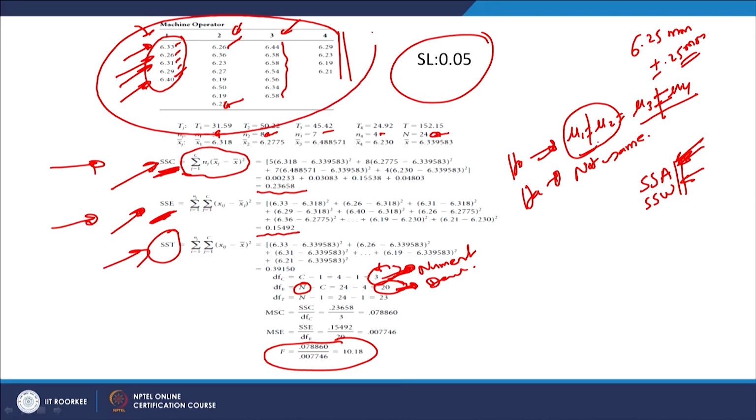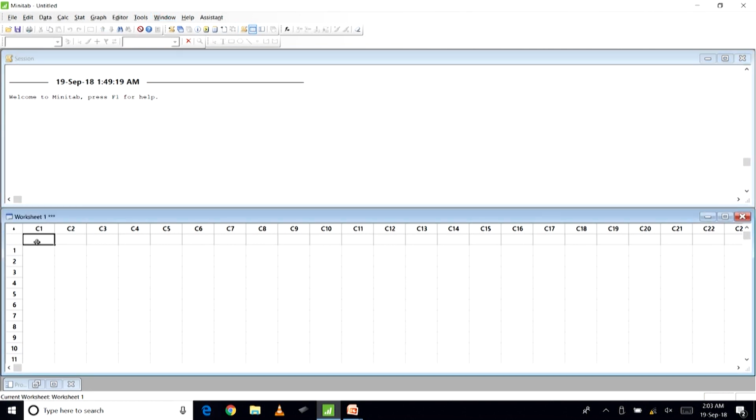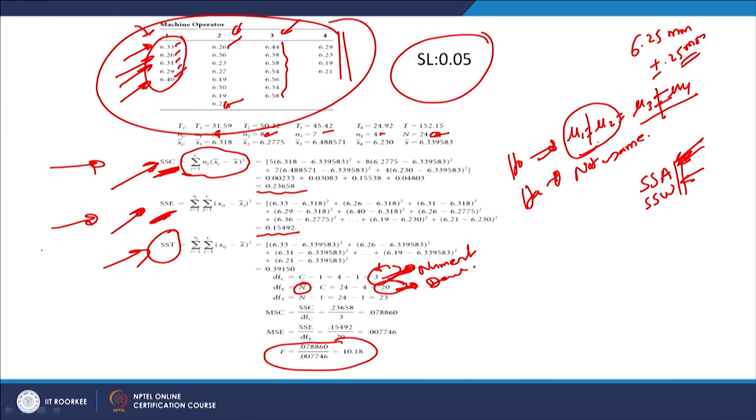So, we will work out the same example using Minitab software. This is the data we have got, right. So, we will do data entry now. First of all, you can write here M1, M2, M3 and M4. Okay. So, first we can look at data from this table.